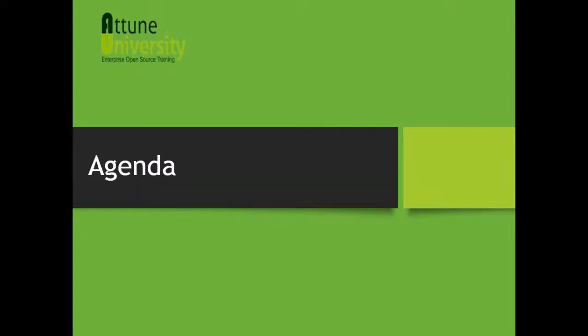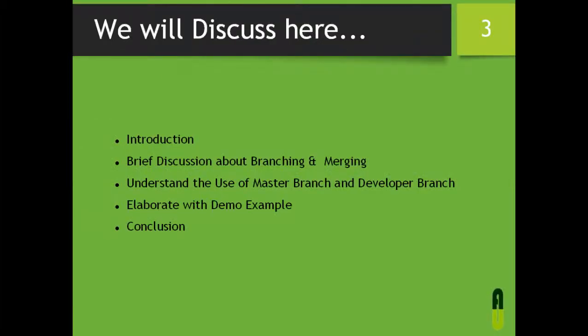The agenda is: we will discuss first the introduction. Next, a brief description about branching and merging, like what is a branch, what is a merge and how it works. Next, understand the use of a master branch and develop branch.